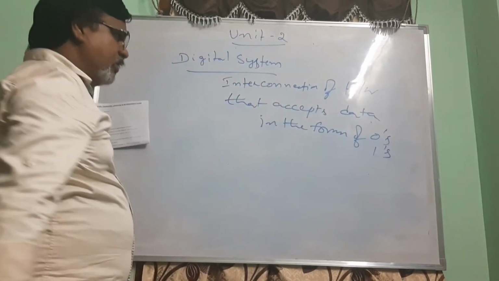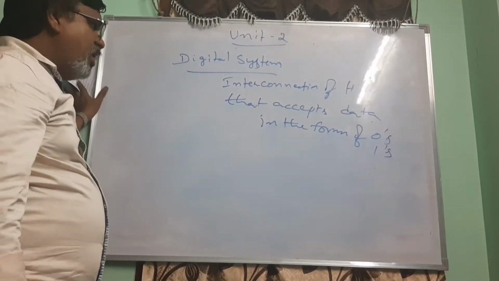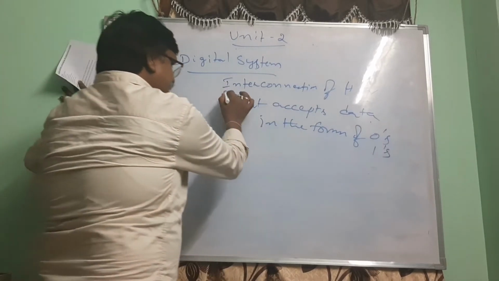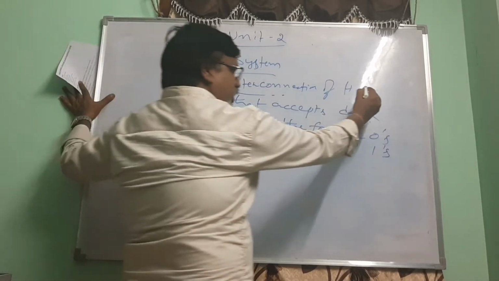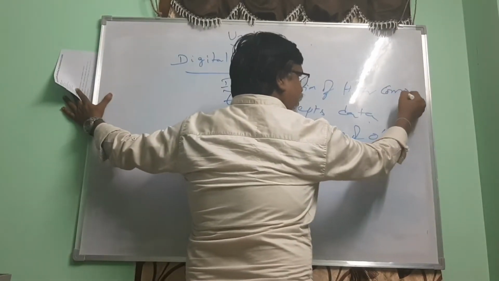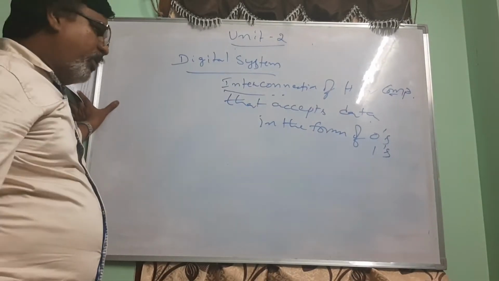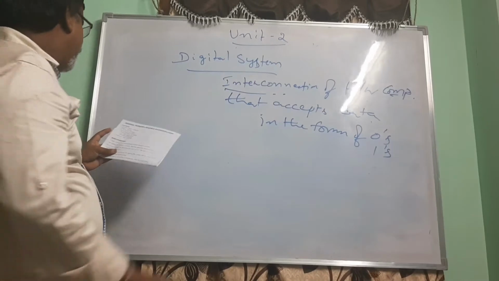You can call it a digital system or digital computer. It is defined as an interconnection of hardware components that accepts data in the form of zeros and ones. This is the definition of your digital system.